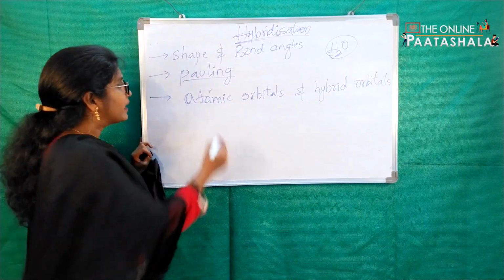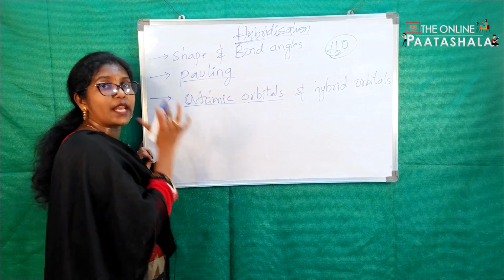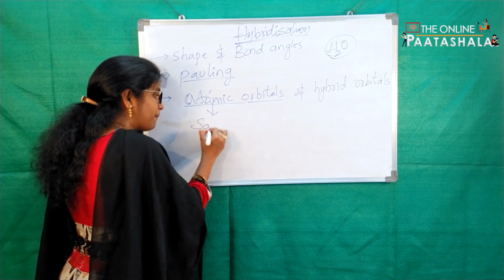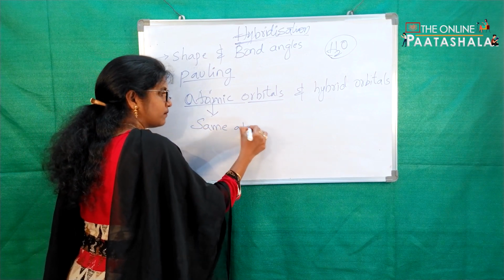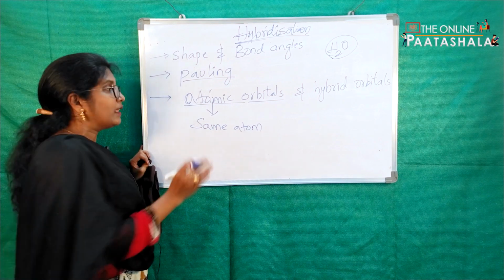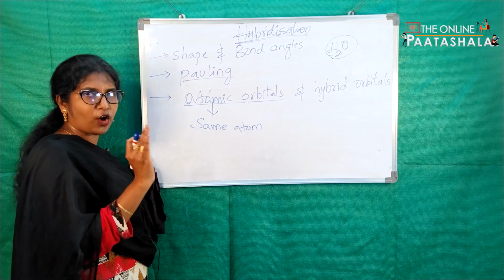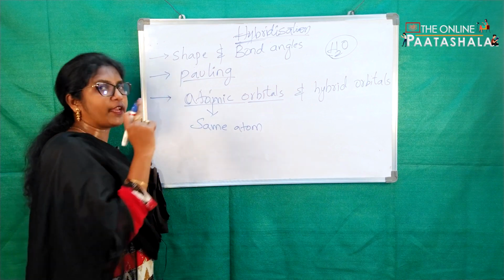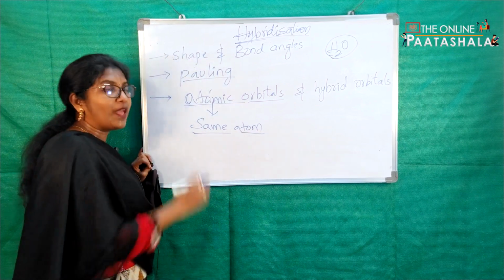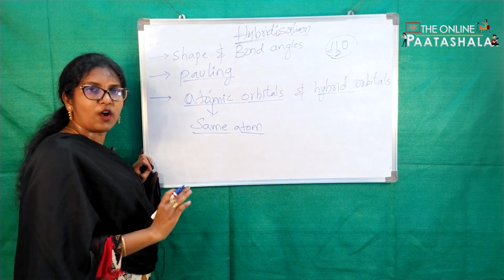These atomic orbitals which are intermixing should belong to the same atom. In an atom, orbitals will be present, right? The intermixing of atomic orbitals should be done within the same atom, and it forms hybrid orbitals. Understood?